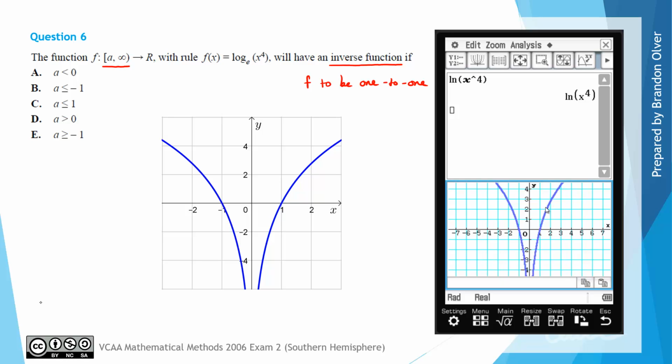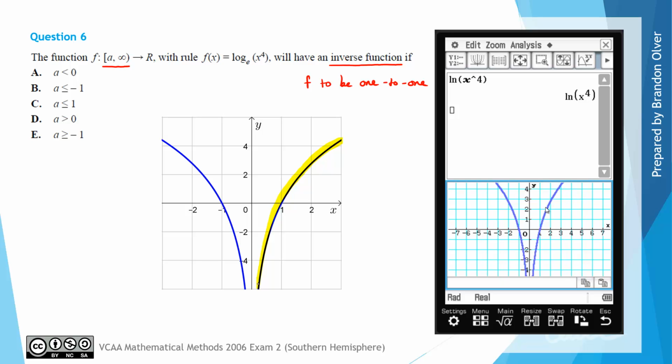Now our job is to identify a section of that graph where it is 1-to-1, where we're ultimately heading towards infinity. So we're going to start at some value of a and go towards infinity. Looking at the right-hand side of the graph, where we're approaching infinity, any of these values of a, so a lower bound of anything greater than 0 in other words, give a 1-to-1 function.